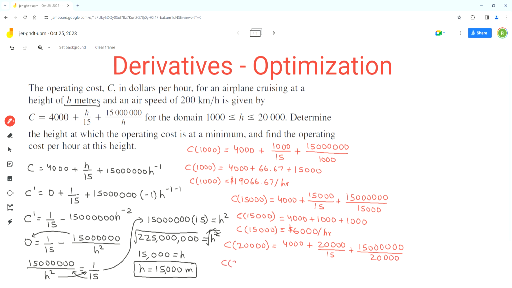So I got C at 20,000 equals 4,000 plus, 20,000 divided by 15 is 1,333.33, and then plus 15 million divided by 20,000, which is equal to 750.